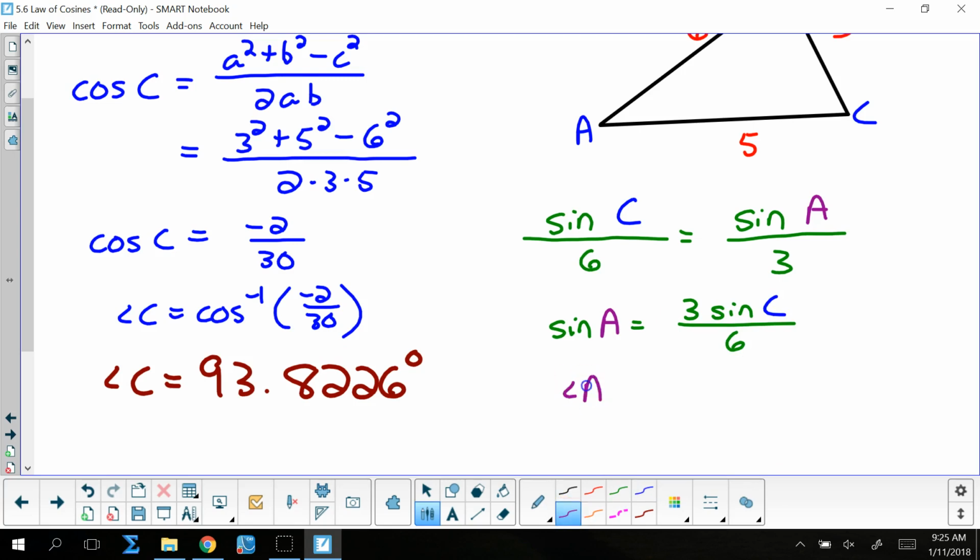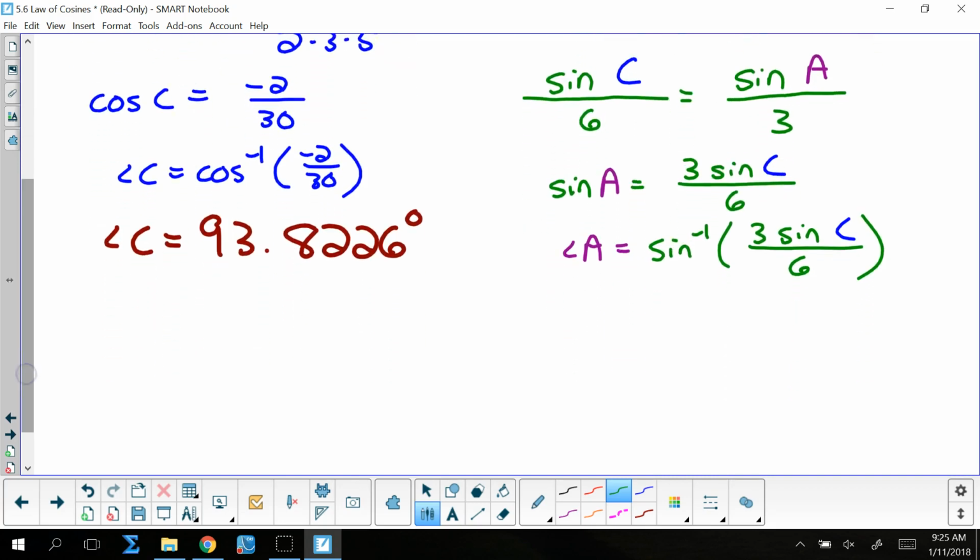So angle A is going to be the inverse sine of that, which gives angle A as 29.9264 degrees.